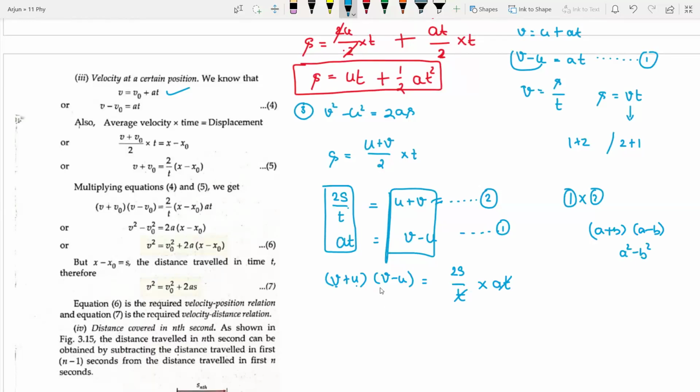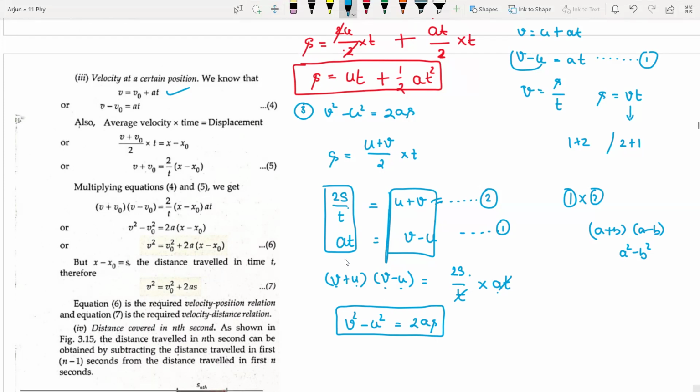So v square minus u square is equal to 2 into a into s. Like that you can derive the third equation of motion. So like this, three equations can be derived by using algebraic expressions.